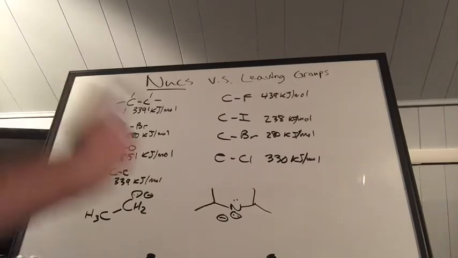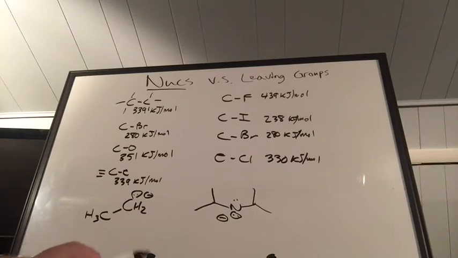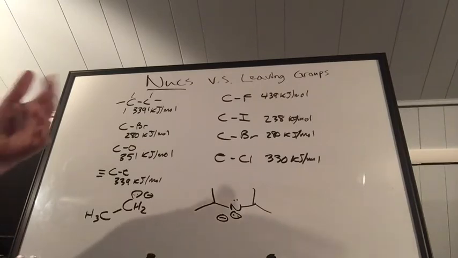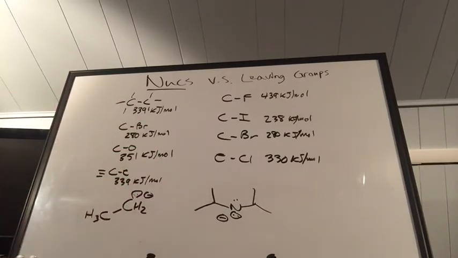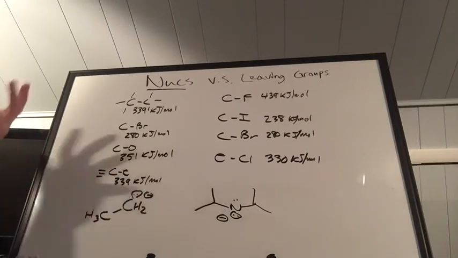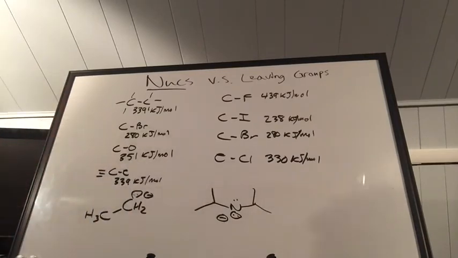So if something is leaving, you want it to be stable upon leaving, because if it's not stable upon leaving, then that means it's not a very good leaving group. Okay, so every time you've seen leaving groups as I've kind of depicted, even generically, you see that it takes a lone pair with it. So in other words, it needs to be electronegative to some degree. So something like this is not going to be very electronegative compared to some of the other things that I've discussed with you.